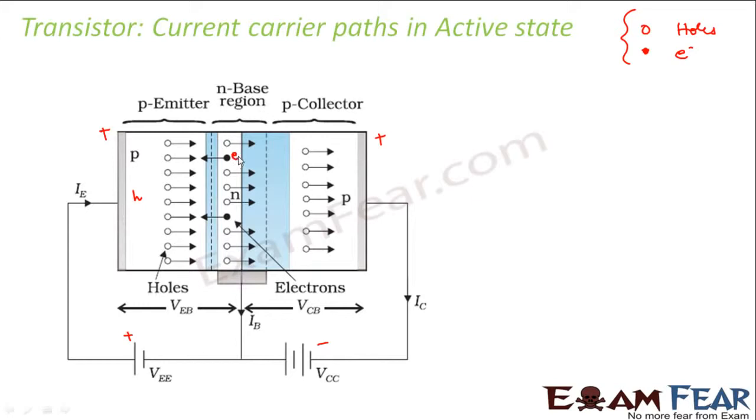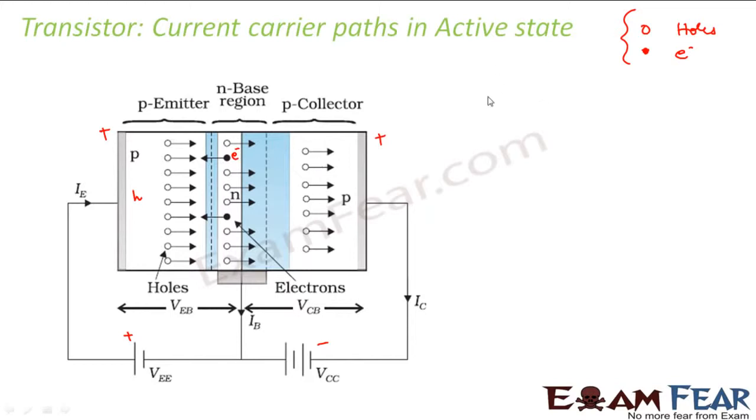But since the base is very lightly doped, there are very few electrons in the base to recombine with the holes coming from the P. So only a few of the holes coming from the emitter recombine with the electrons present in the base, and the rest of them move to the collector.